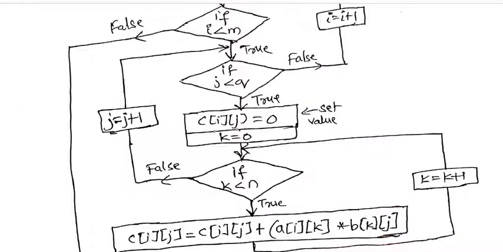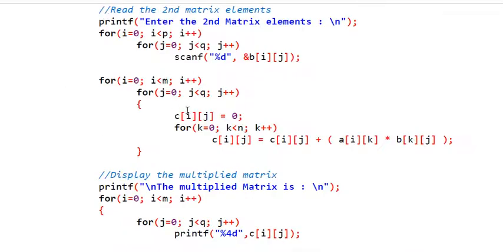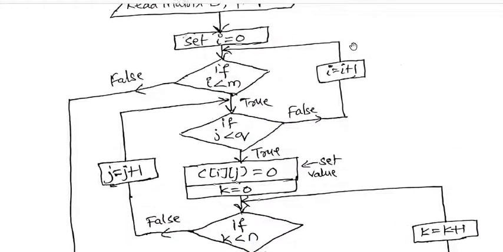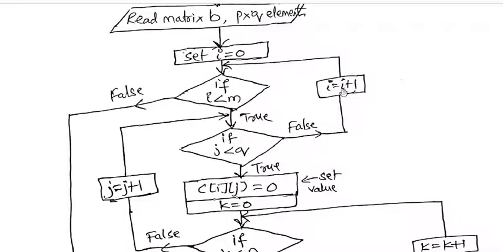Now let's say this j condition is false. If this condition is false, what will happen? It will come here, i will become i is equal to i plus 1. This value is increased, and it will check the condition again, whether i is less than or equal to m.